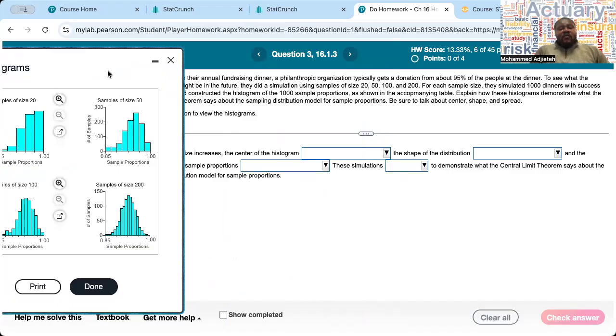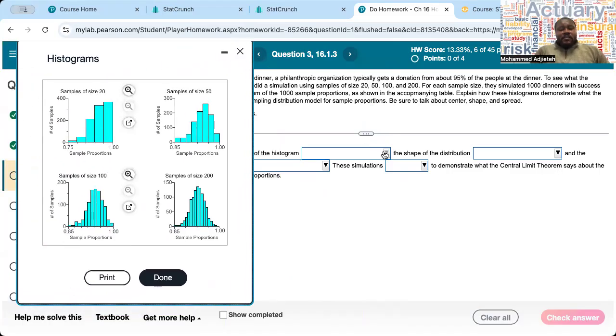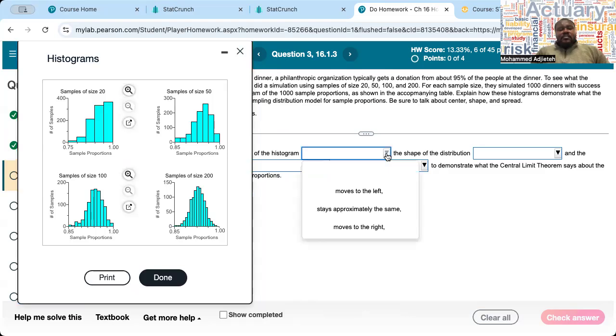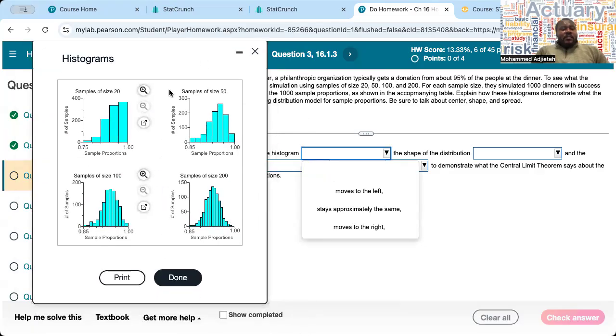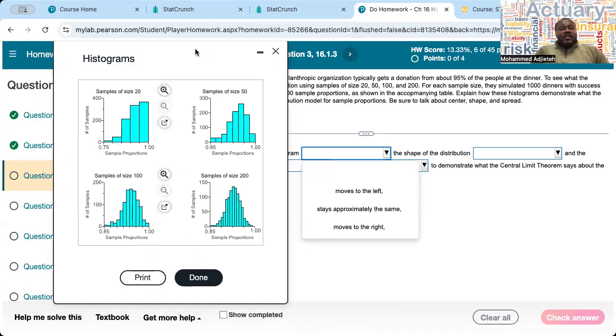And so then the question is asking that as the sample size of the histogram increases, what happens to the center of the histogram? Okay. Anybody else? Could you repeat the question? So the question is saying that as the sample size increases, look at this histogram here, okay? As the sample size increases, what happens to the center of the histogram?